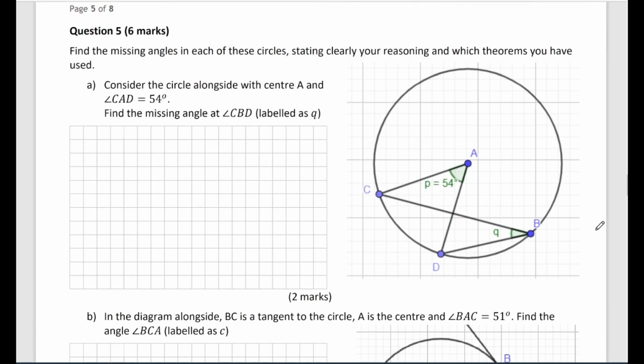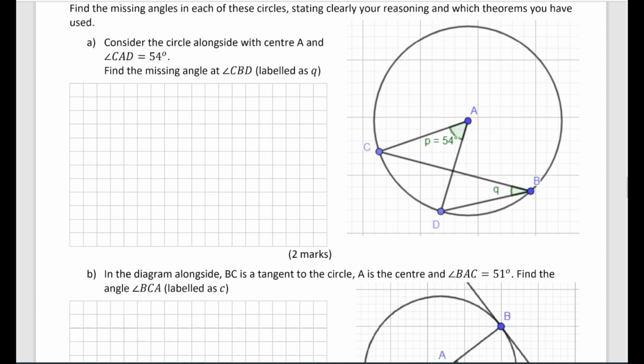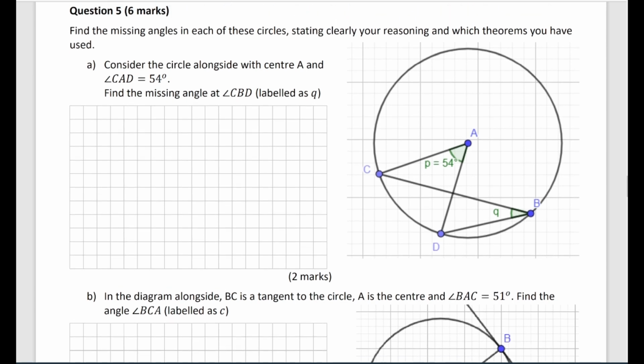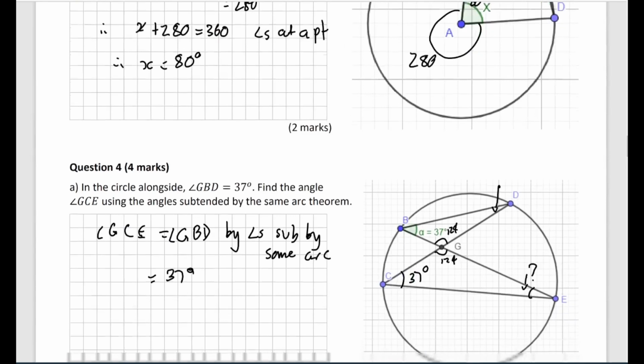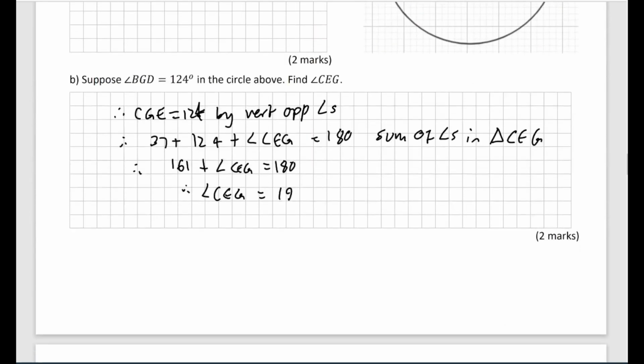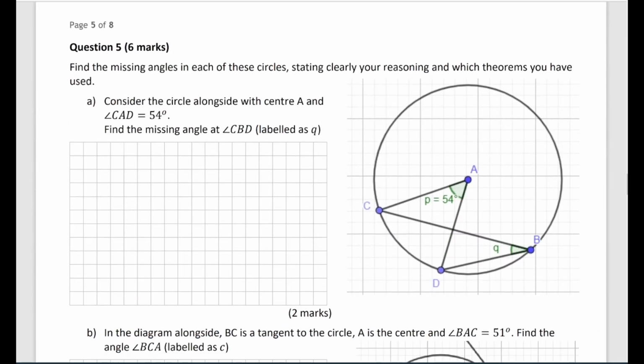All right, this one. Find the missing angle. This probably looks like subtended by the same arc, but it's actually angles at the center. Because if you have the same arc, they have to all touch the edges, and this one does not touch the edge at point A. So, angle DBC equals half of angle DAC by angles at center.